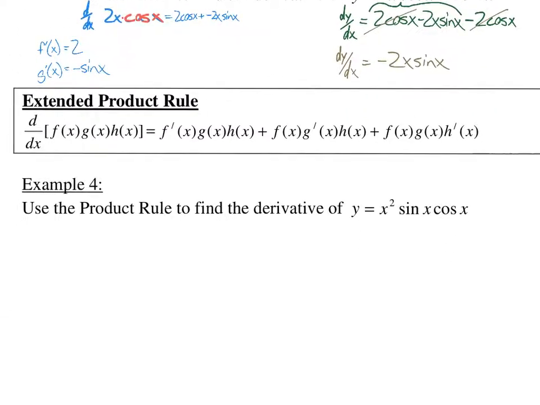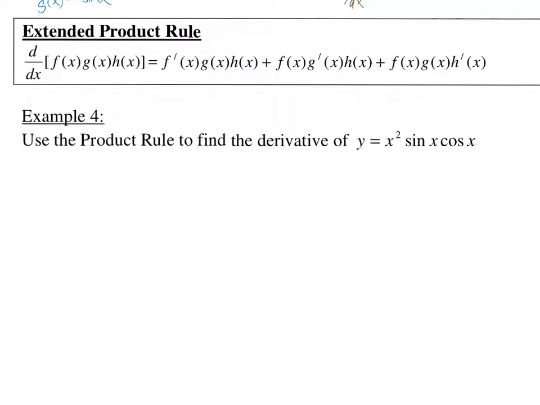So for example, if I have x squared sine of x cosine of x, I'm going to view the x squared as my f of x. I'll view the sine of x as the g of x, and I'll look at cosine of x as the h of x.